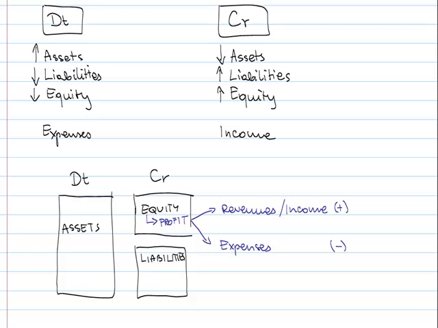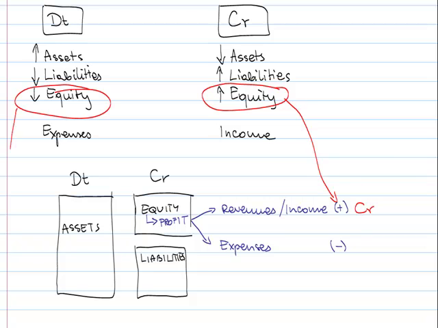And we know that anything that increases equity is a credit, and anything that reduces equity is a debit. And that is the way to remember that expenses will always be debits and revenues will always be credits.